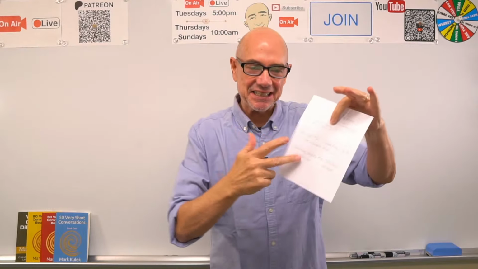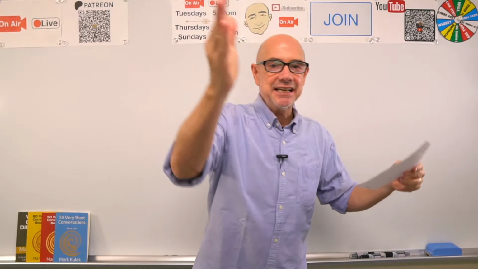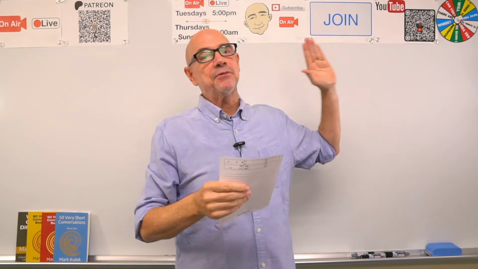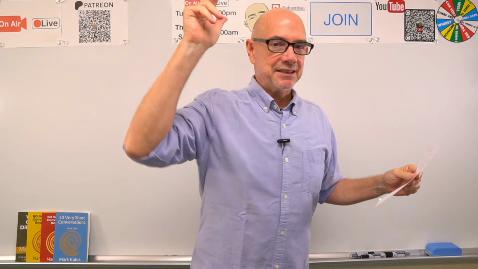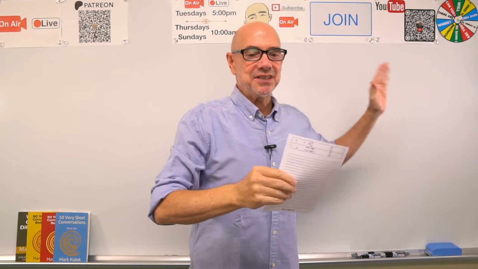And now let's talk about today's lesson plan. We always start with an idiom. I'll write it on the board, I will give you the meaning, and I will give you an example sentence. Then you'll make your own sentences using the idiom. After that, we have a conversation from my book, 50 Very Short Conversations.